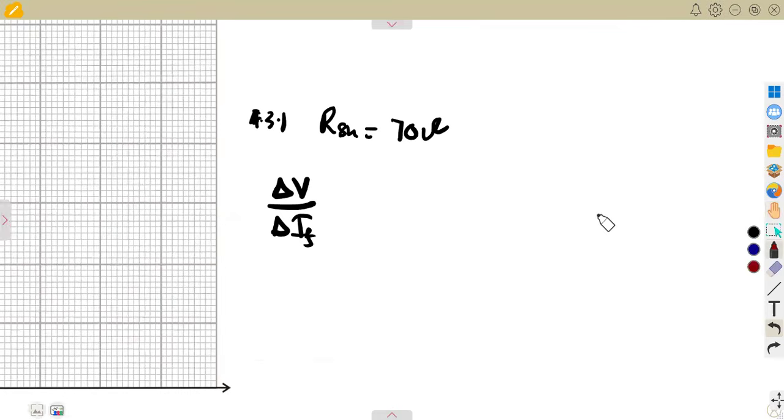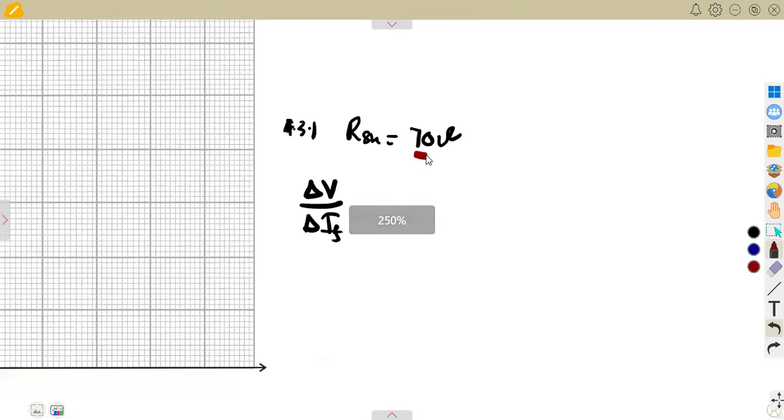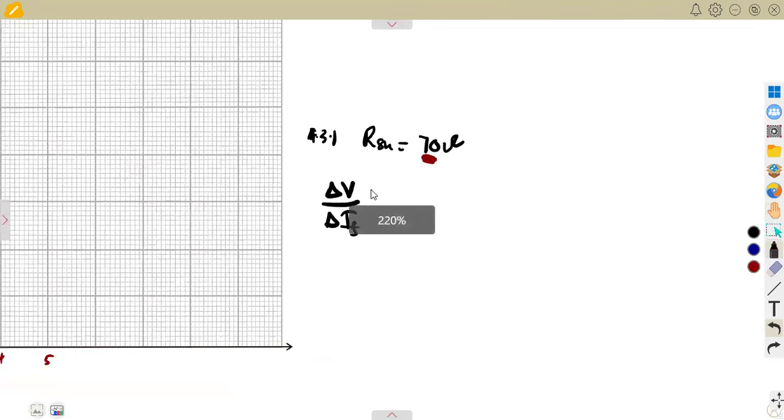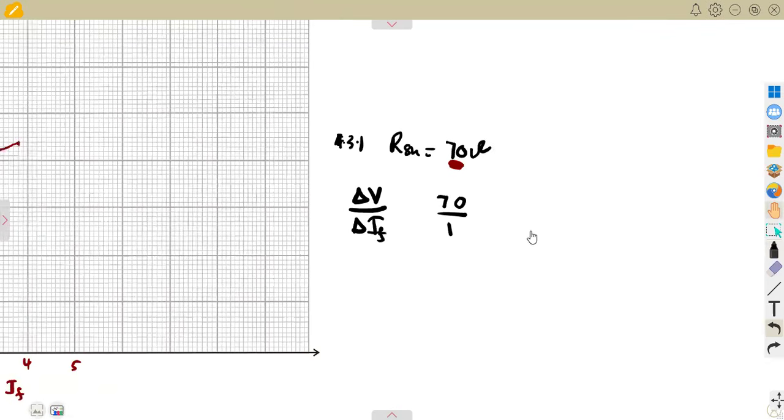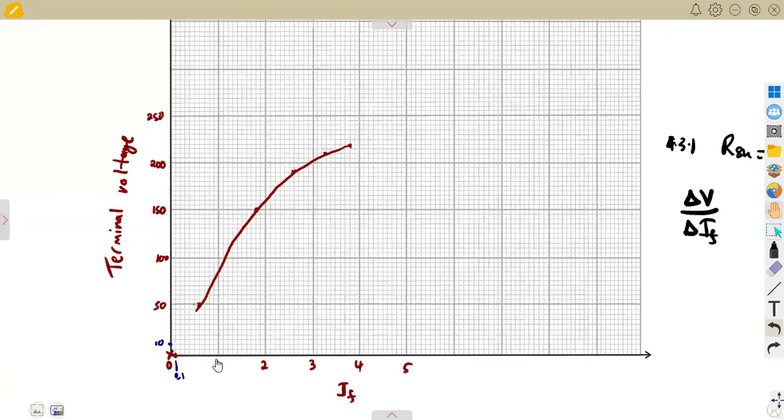The other point that you are going to take: to have a resistance of 70, it means the voltage must be 70 and the current must be 1. 70 over 1. But the question is, do we have this point exact where we can mark the 70 and the 1? If we can have that, it's fine, we can mark.